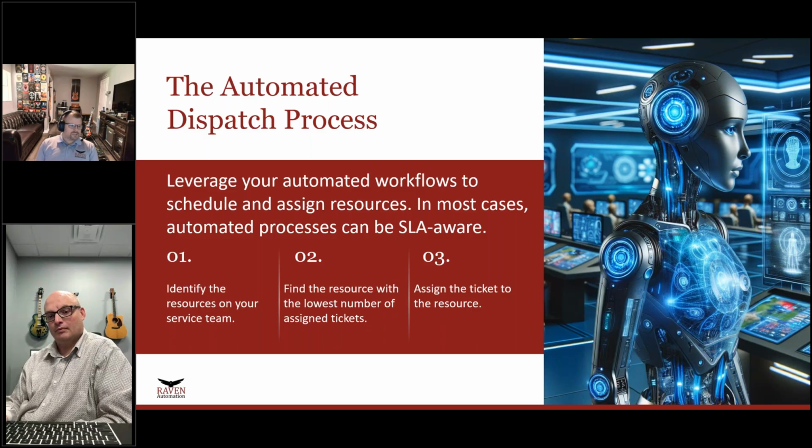So that way you're not scheduling those resources for tickets. But basically the way this works is after you've identified the resources on your service team, you find the resource with the lowest number of assigned tickets, you assign the ticket to the resource. In many cases, depending on your individual configuration, we can even make these kinds of processes SLA aware so that we're not necessarily assigning a ticket to a resource that has other tickets that are about to breach SLA.